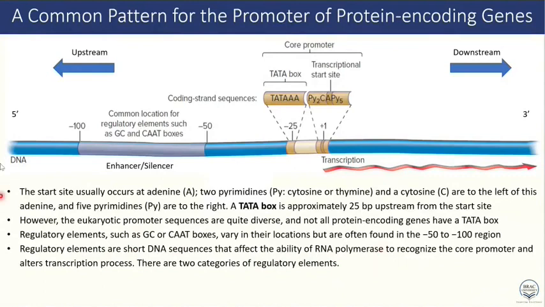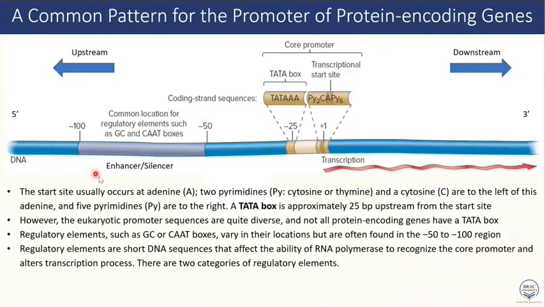If a transcription factor is a silencer, it will bind here and recruit other proteins, which will also bind here. If proteins are bound here, RNA polymerase cannot come and start transcription. So regulatory elements affect the ability of RNA polymerase to recognize the promoter sequence and alter the transcription process.